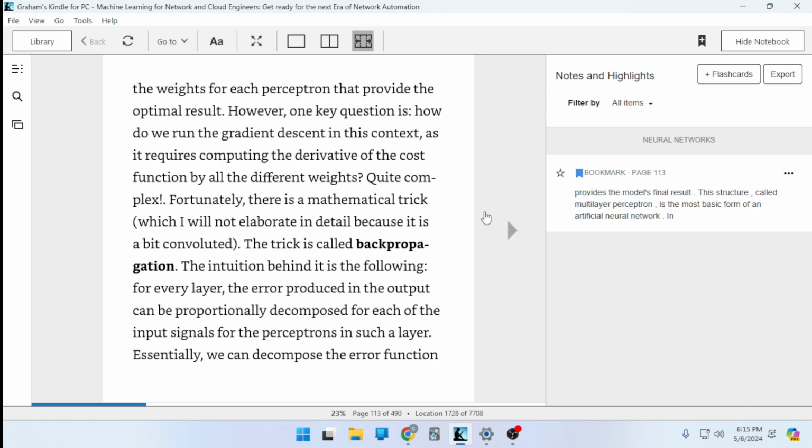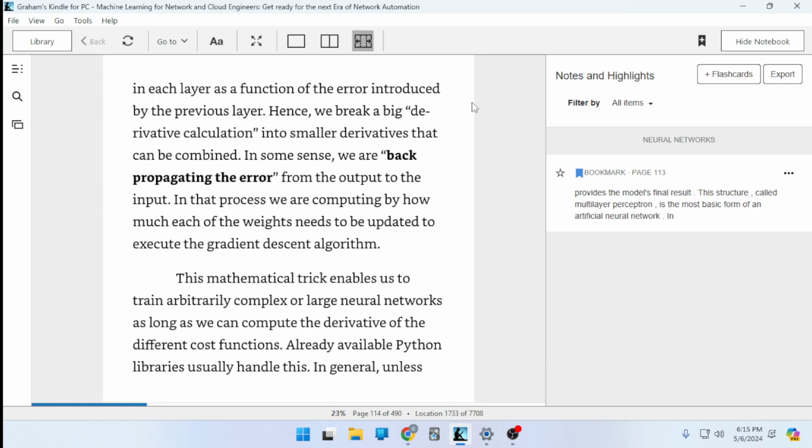Essentially, we can decompose the error function in each layer as a function of the error introduced by the previous layer. Hence, we break a big derivative calculation into smaller derivatives that can be combined. In some sense, we are backpropagating the error from the output to the input.